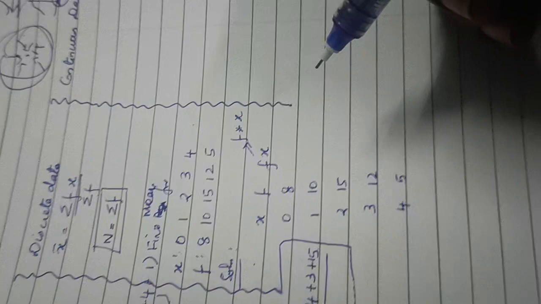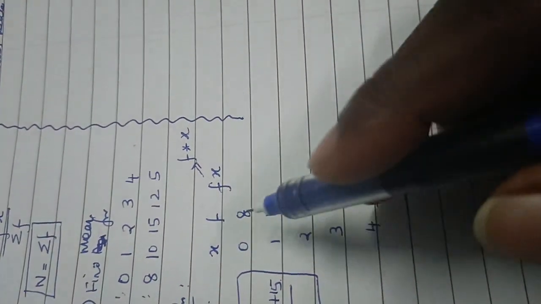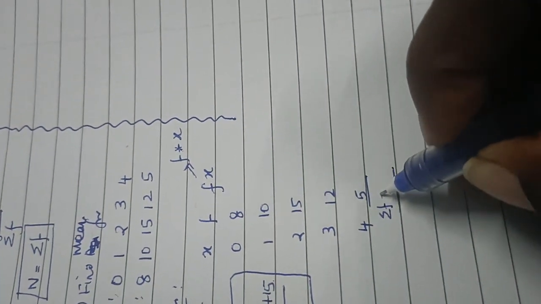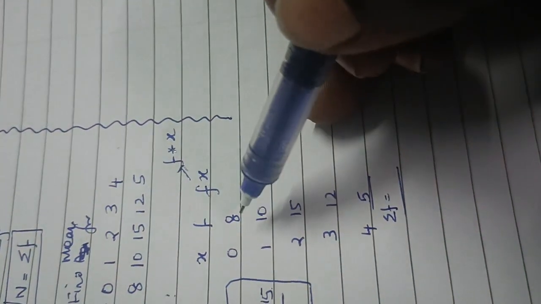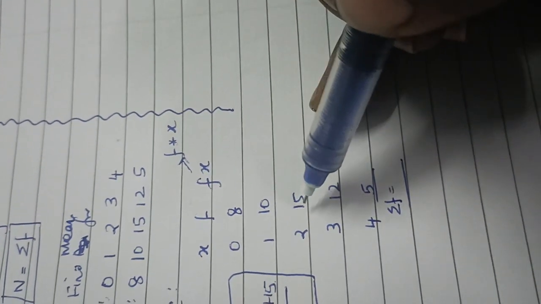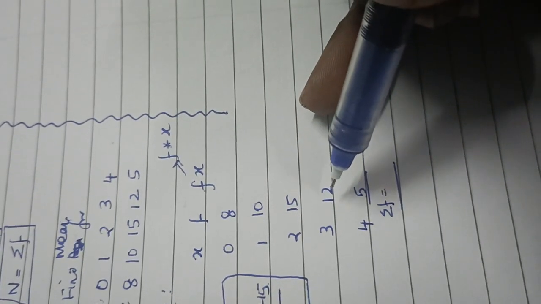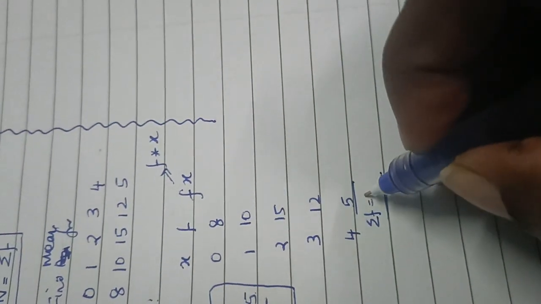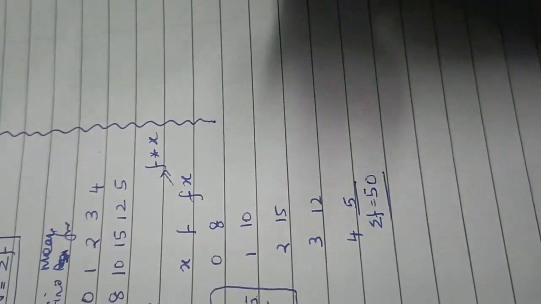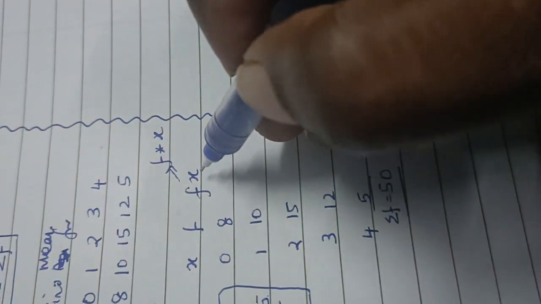We first start with the first step. Always when you have f, you have to find summation f. It is a must. So 8 plus 10, 18, 28, 43, 50. Please use a calculator if you are not comfortable calculating on your own.